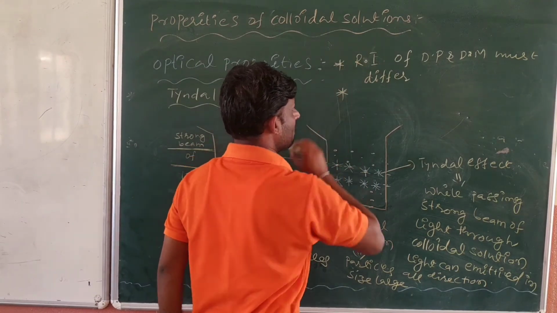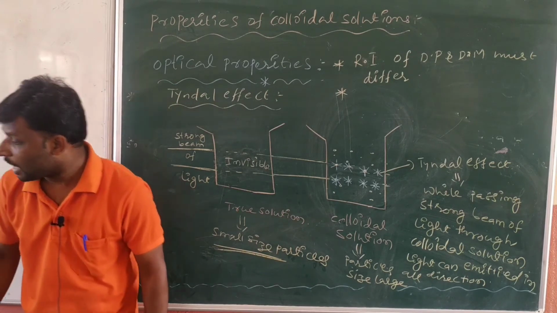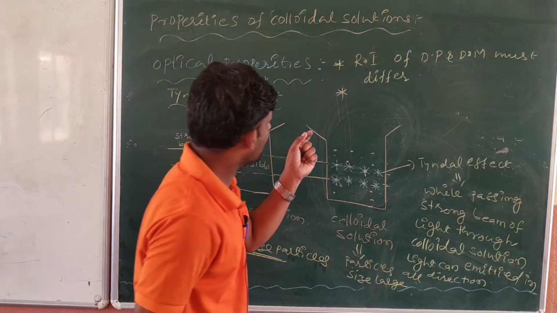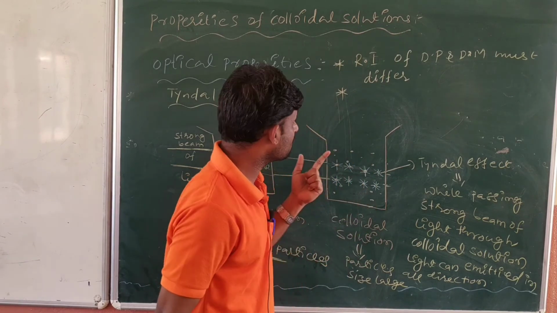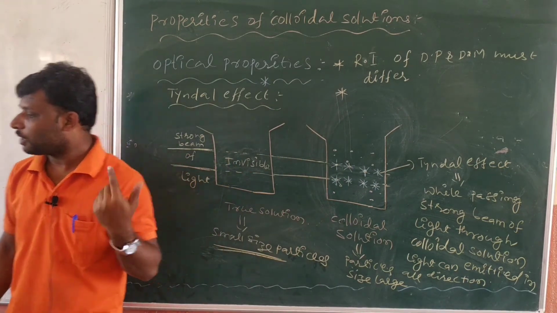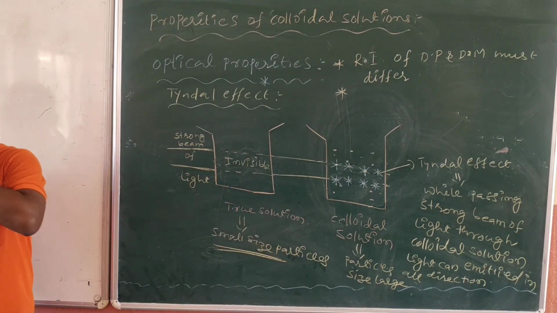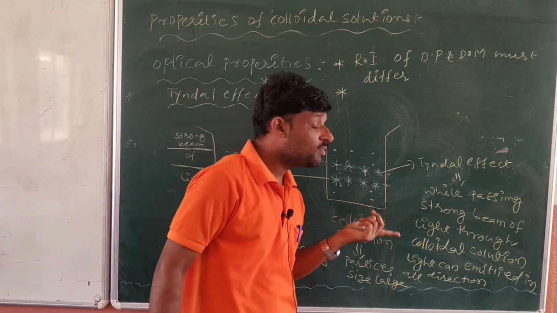Now the second condition, which is very important: the diameter of the colloidal particles must not be much smaller than the wavelength of light.